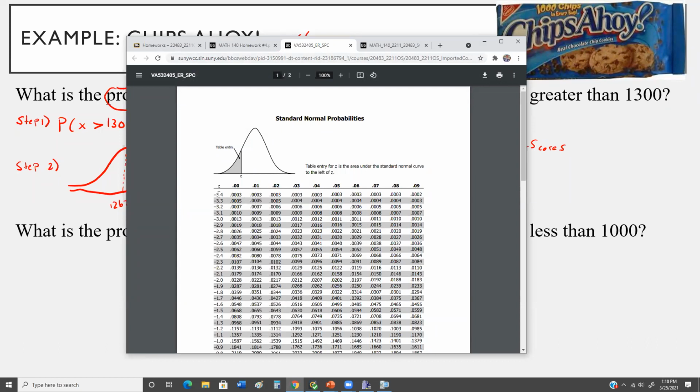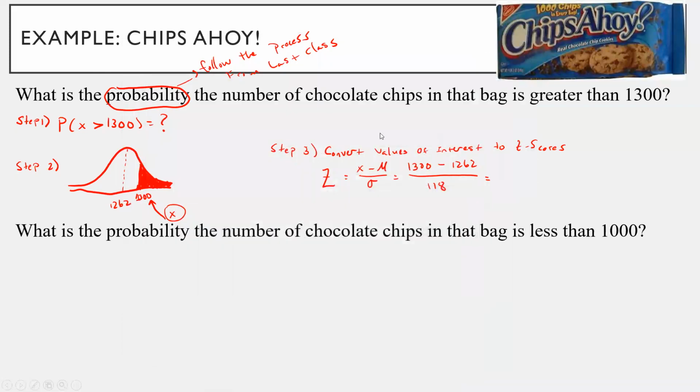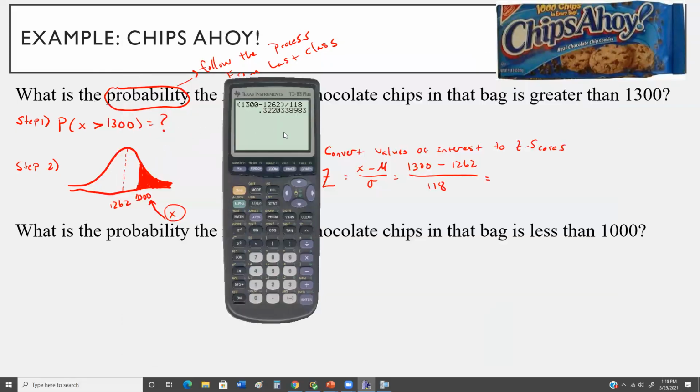So don't forget the decimal places right there. Whenever you do a z-score by hand, it's all good. You're going to take this and round it to 2 decimal places, which is 0.32.